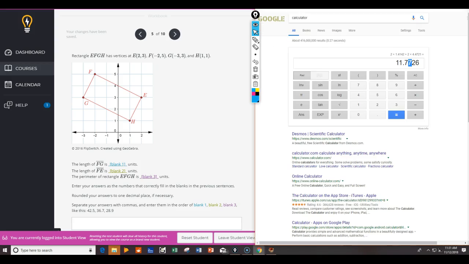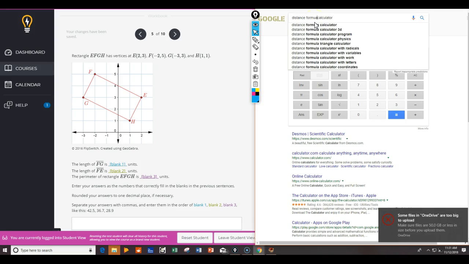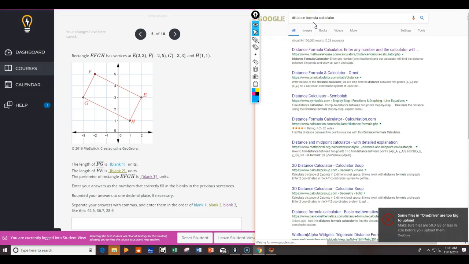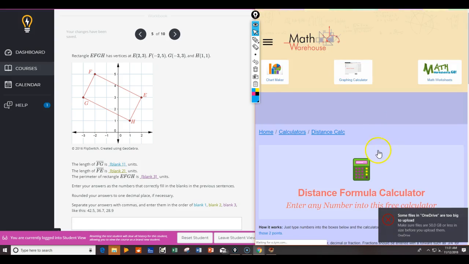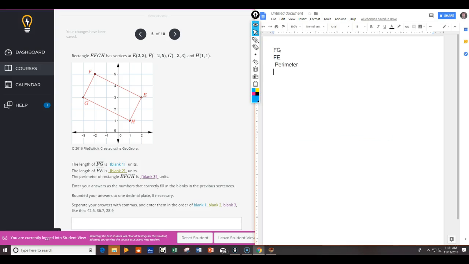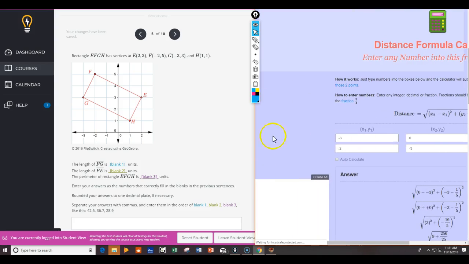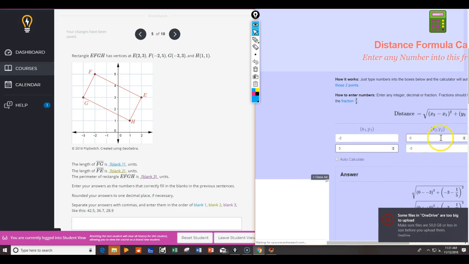Okay, so again, I would use my tools and type in distance formula calculator, and click on the Math Warehouse one. The first one they want is FG, so I'd go to F. It's at (-2, 5), so this is going to be -2 and 5.